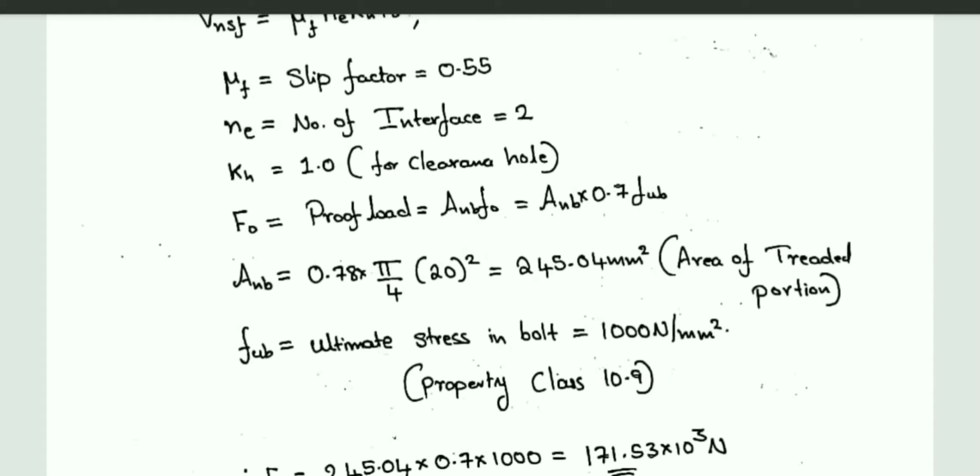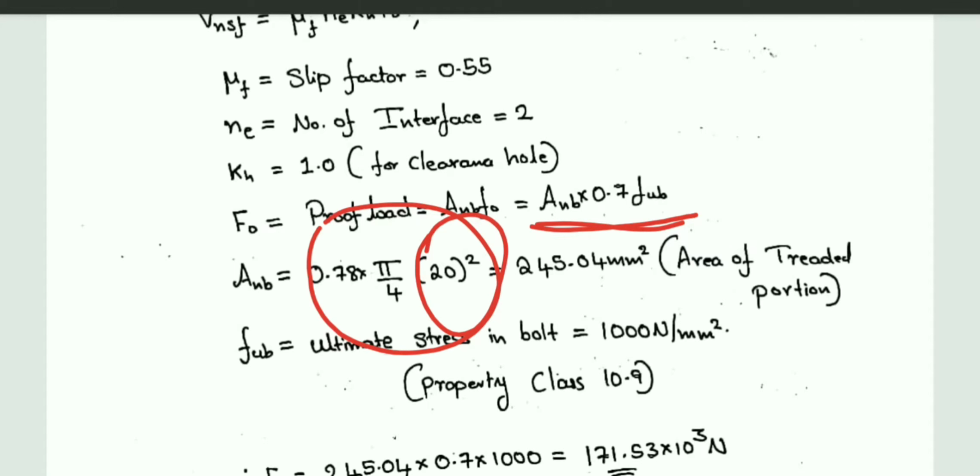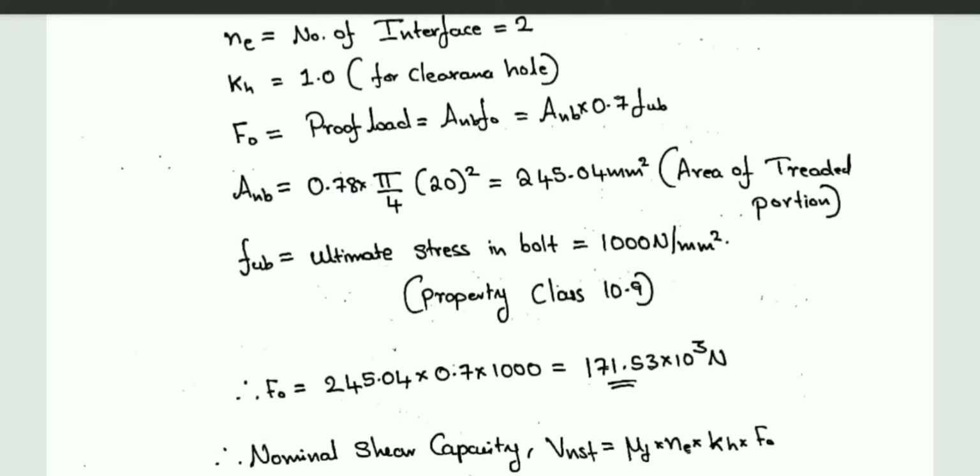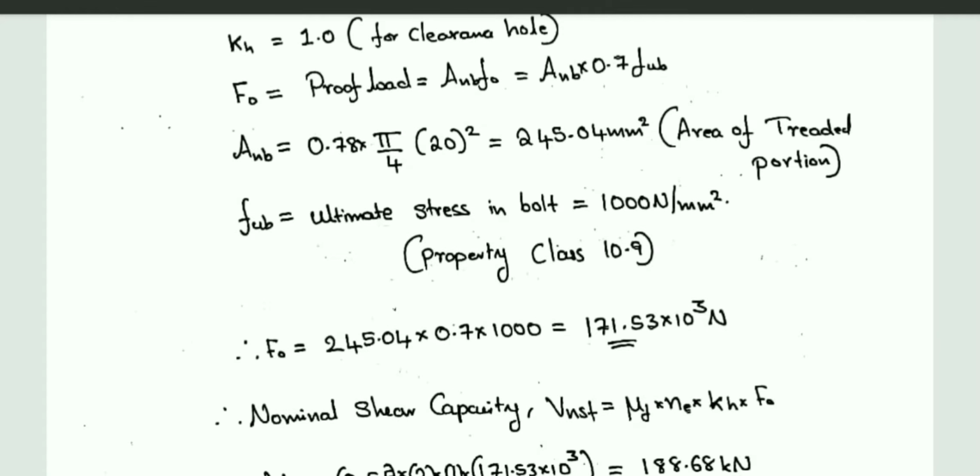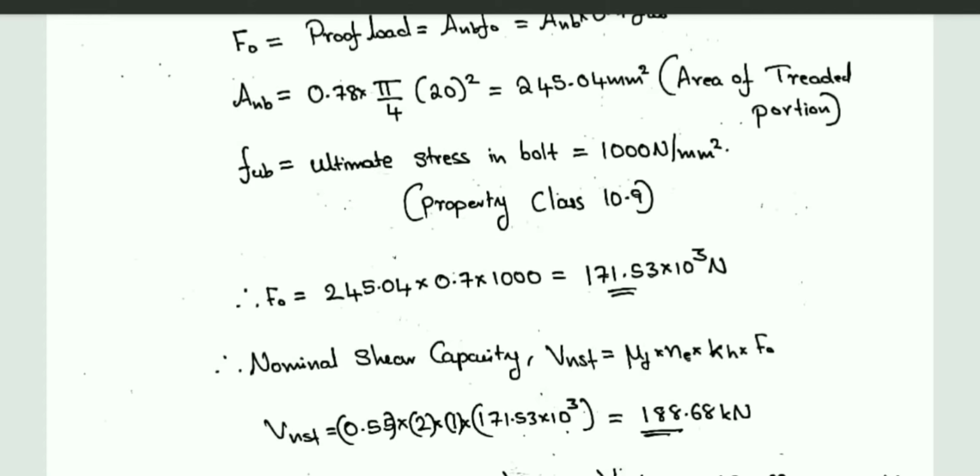By substituting this, An is the net area of the bolt, that is 0.78 into pi by 4 into d square, where d is the diameter of the bolt, 20 mm. So the area will be 245.04. FUB, as I told, is 1000 Newton per mm square for a 10.9 property class bolt.